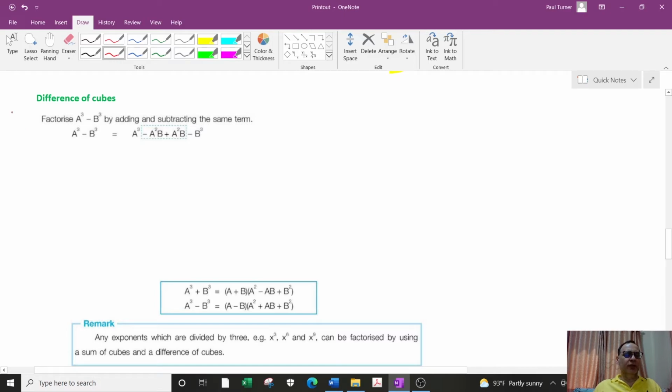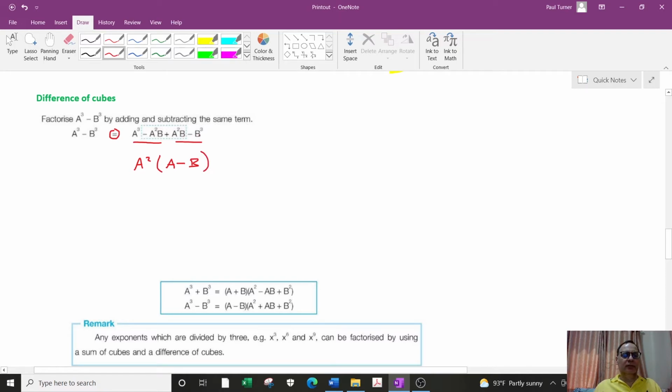Okay, for difference of cubes, we can do it the same way, except this time we swap the two numbers around. So we have minus a squared b plus a squared b. When you add them, again, you get 0. So we still have these two sides being equal. So we'll try to factorize each part. So here, the common factor is a squared. I would be left with a minus b.